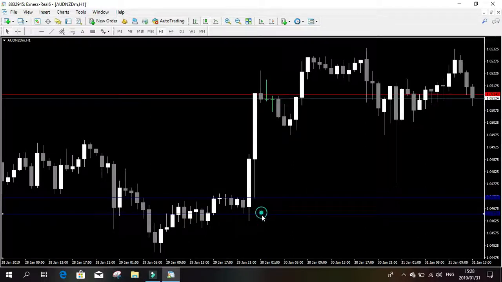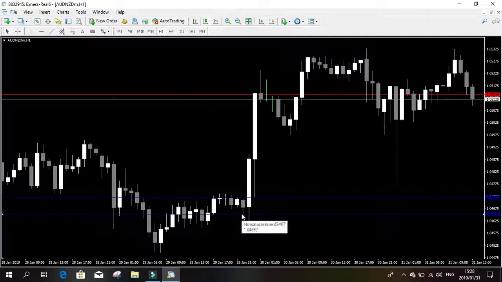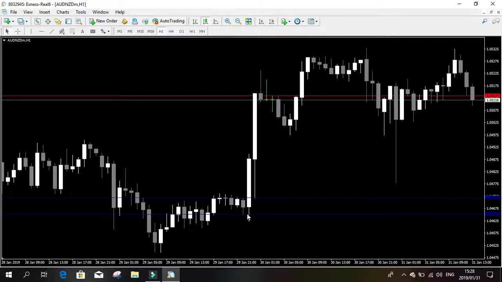So I'm going to take this candlestick as it is the last one of this consolidation before price moved aggressively upwards. And as it moved upwards, it retraced for a little bit, but it found buying pressure again. So we can also look at this level here after it went all the way up, retraced and went past that level, and it is now meeting with some resistance at the top.